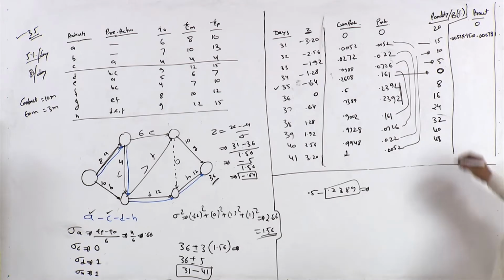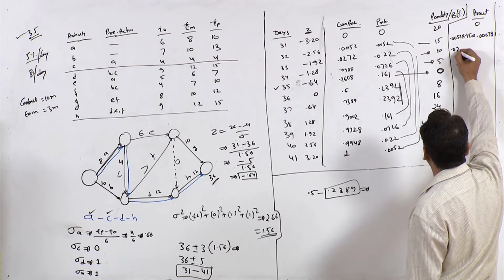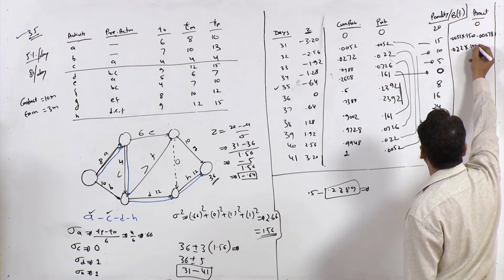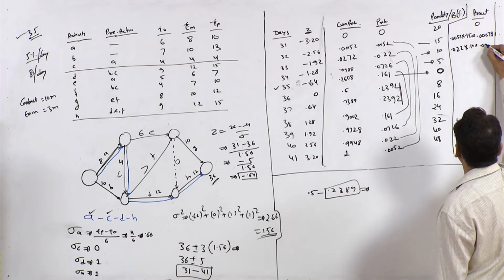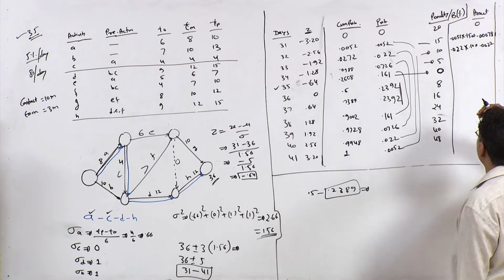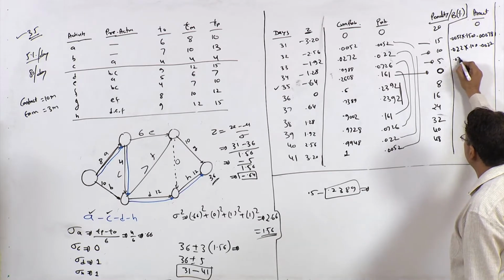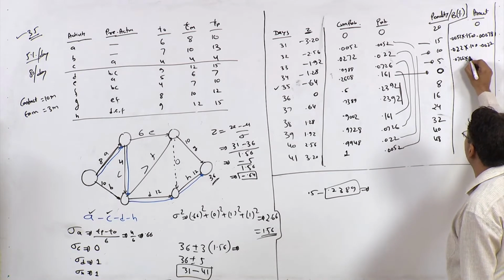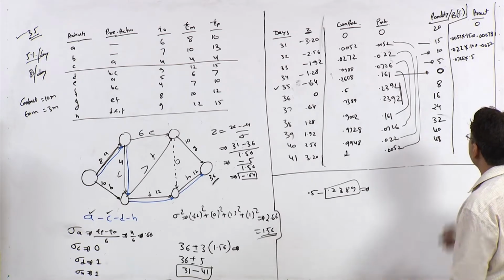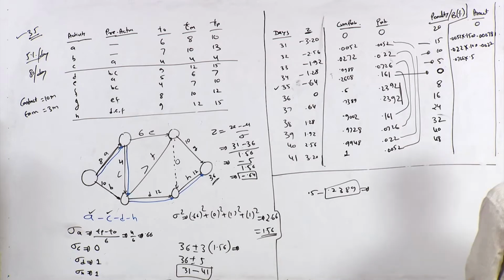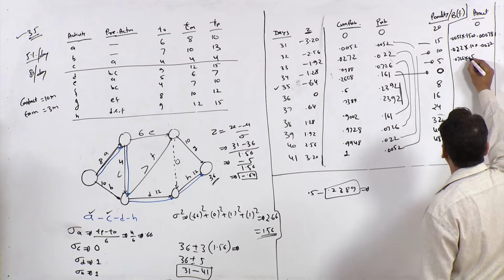So what would be this value now? 0.022 into 0.10, right. So this is 0.0022. It's very simple, right. Then 0.0726 into 0.05, right. So this is in terms of percent, so this is 0.05.